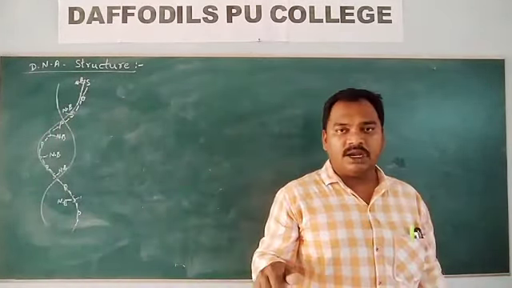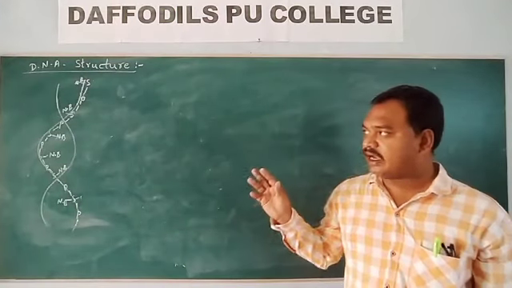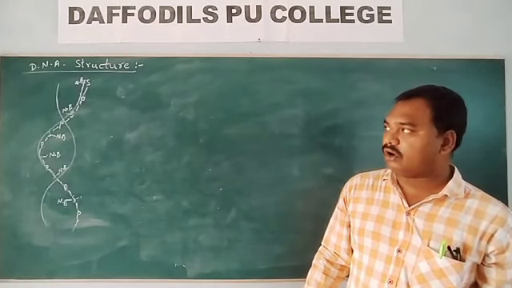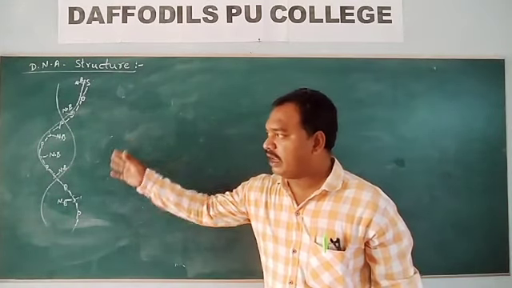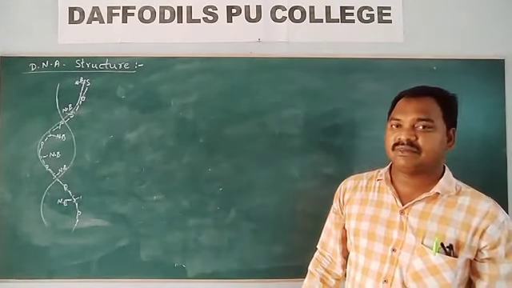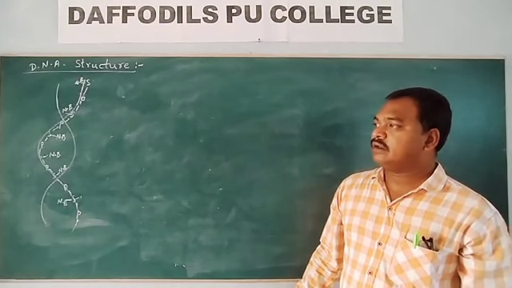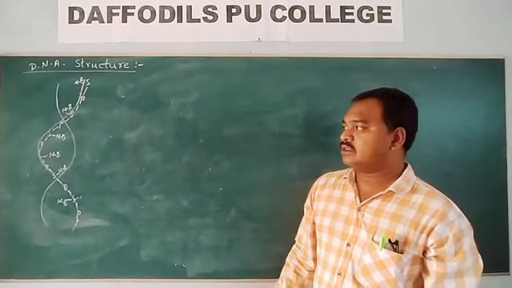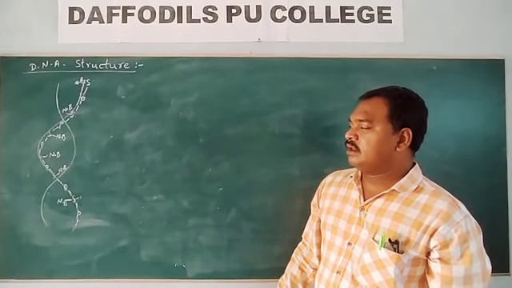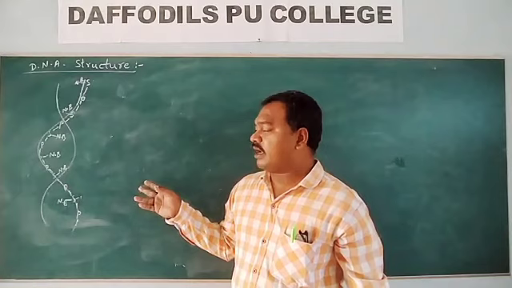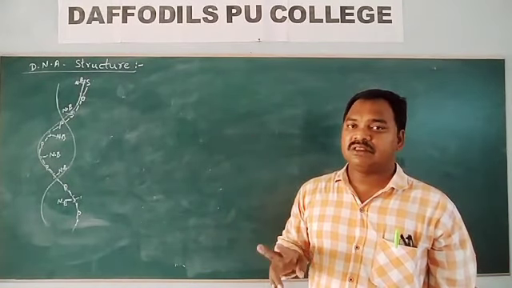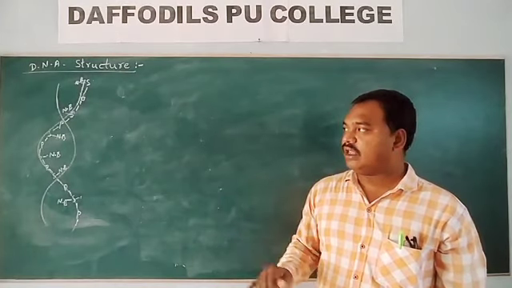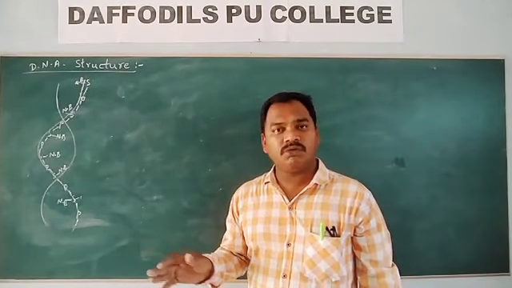They are coiled in a right-handed helical structure. These strands are made with nucleotides. So DNA is the polymer of nucleotides.